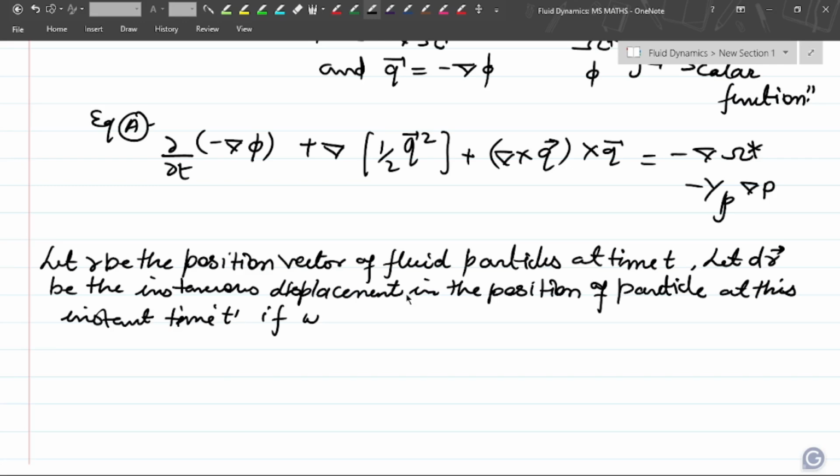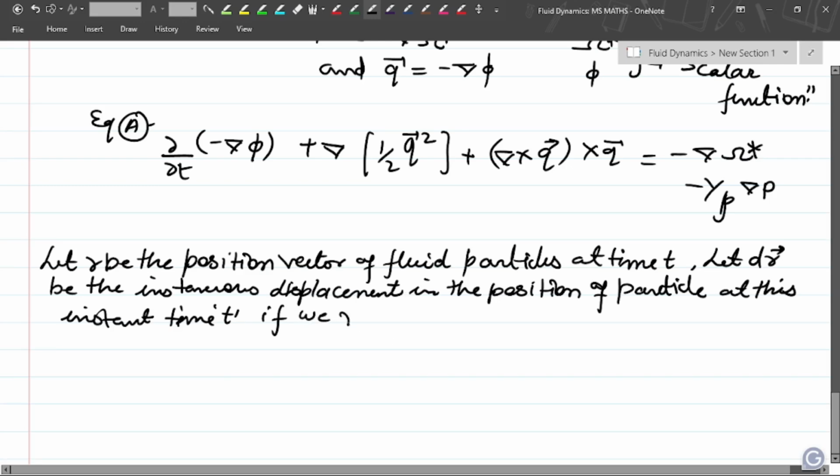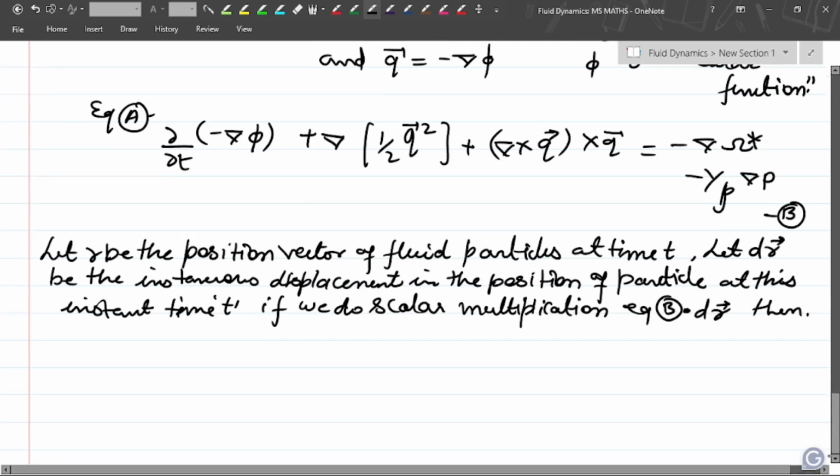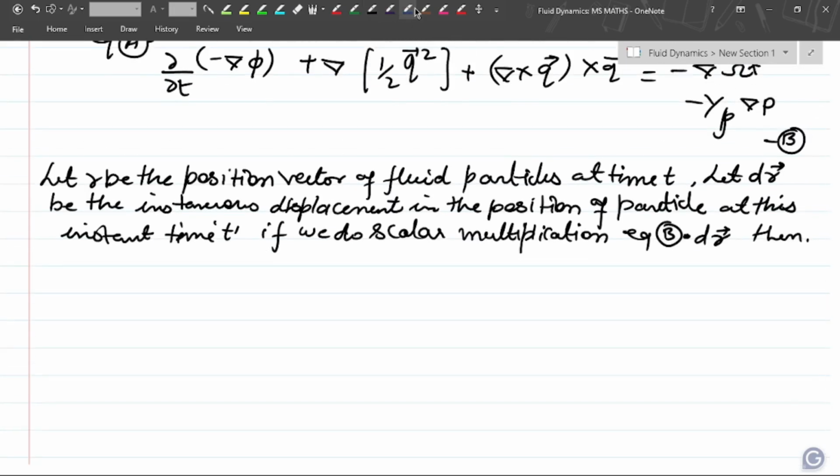If we do scalar multiplication of equation 3, or we can say equation B, with dr, it means we are scalarly multiplying this equation with the position.